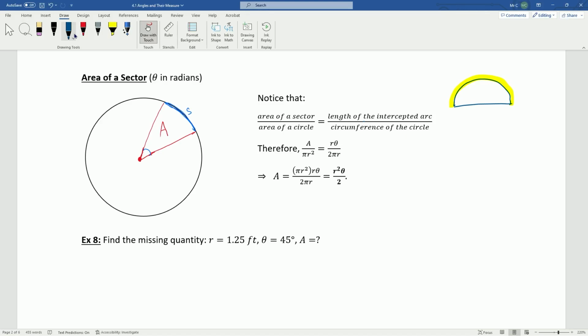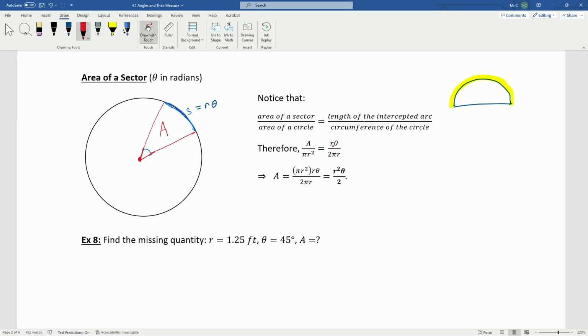So if we take those facts and put them into a formula, if we label the area of a sector A, we get A divided by pi r squared, the area of the full circle, equals r theta, the length of our intercepted arc, divided by the circumference of the circle, which is 2 pi r.